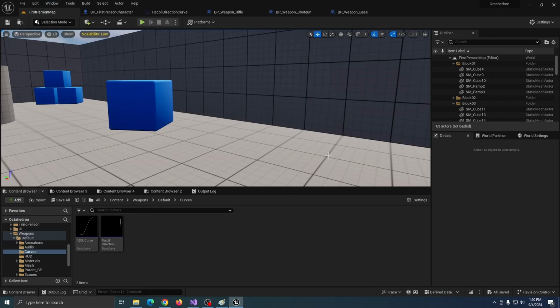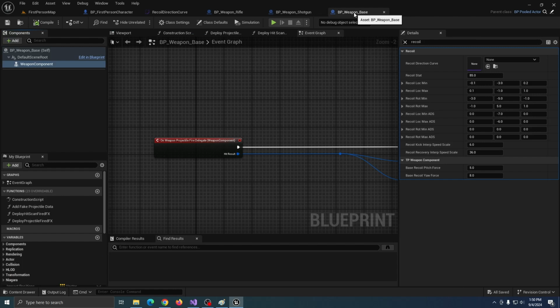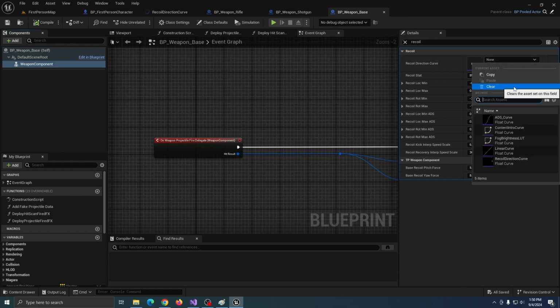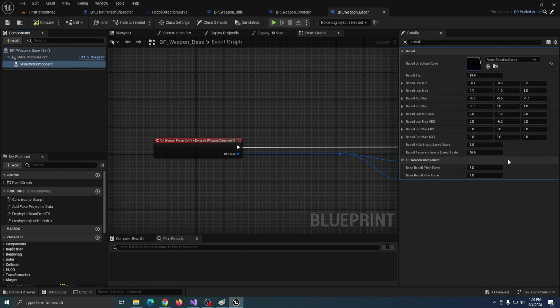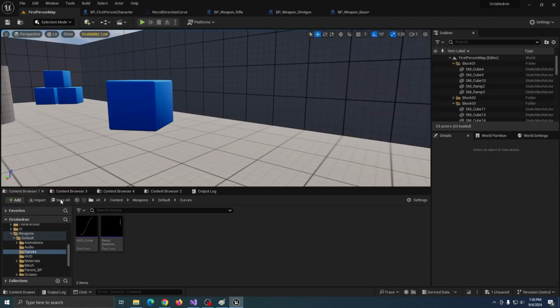All right, now before you hit play, don't forget to add our curve to your actor or component, in my case. So add the curve that we just created, and now compile, save, and this should work.